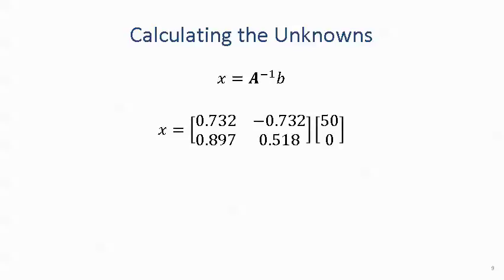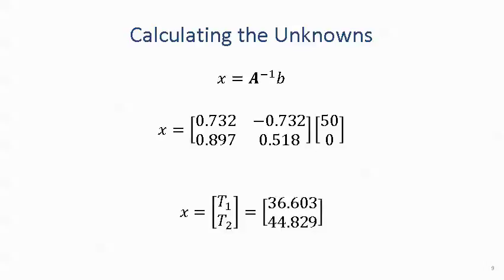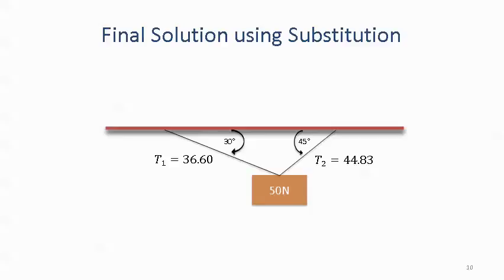To this point, we've determined what our inverse matrix looks like, and we already know what our result vector looks like, so we can now multiply the inverse of our matrix by the result vector. Here's the pieces, and when we do that, we find that tension 1 is 36.60, tension 2 is 44.83, and that matches what we figured out as we calculated the same result using substitution.